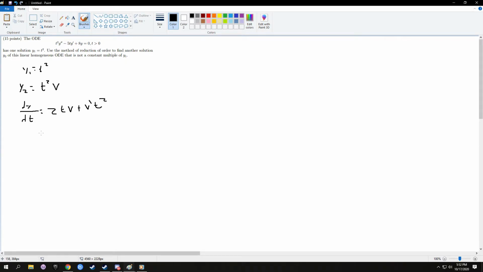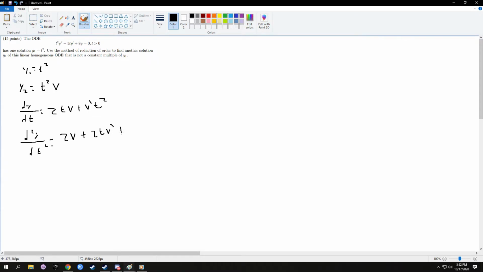Okay, cool. So now what I want to do is take a second derivative of this. The derivative of 2t is just 2, so it'd be 2v, and then plus the derivative of this, which becomes 2tv prime. Now I've got two product rules.